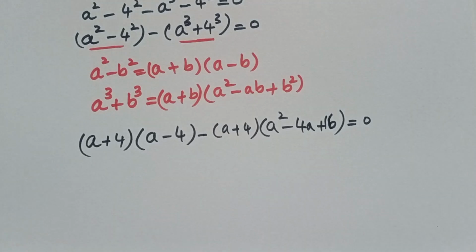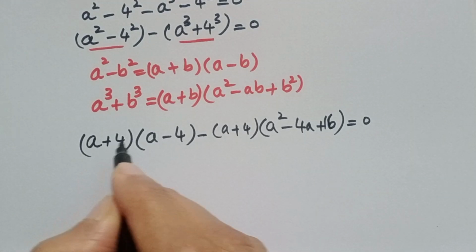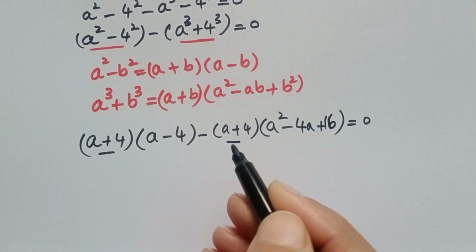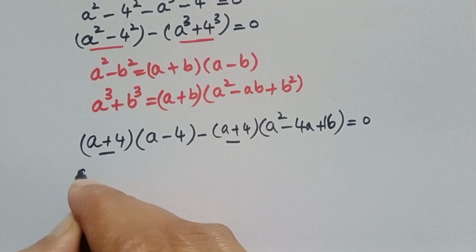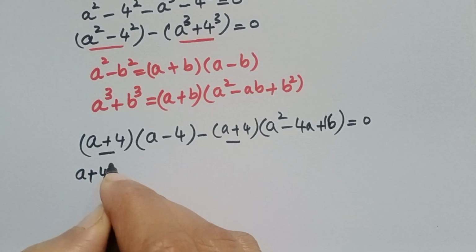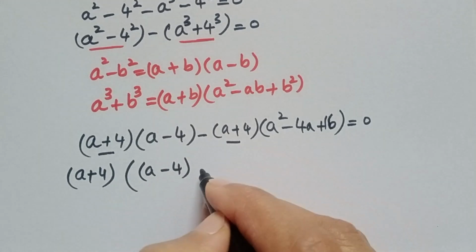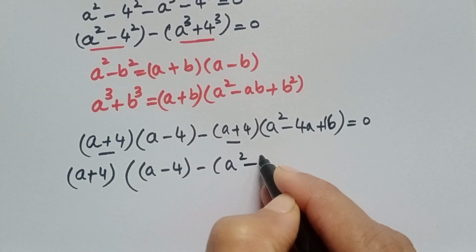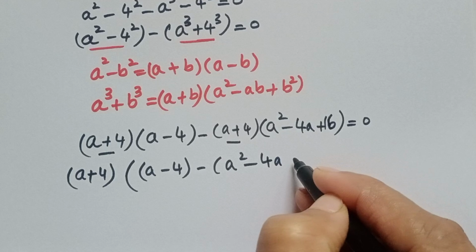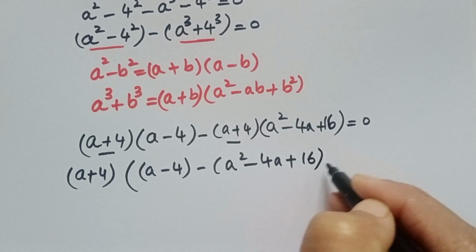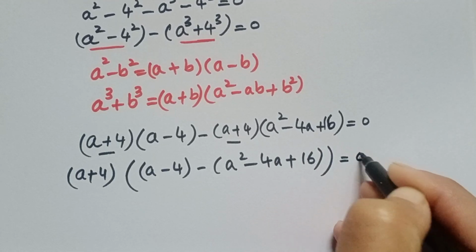So we know that we have a plus 4 as a common factor. We can take it out of the parentheses and we will write a minus 4 in parentheses minus a square minus 4a plus 16 parentheses is equal to 0.